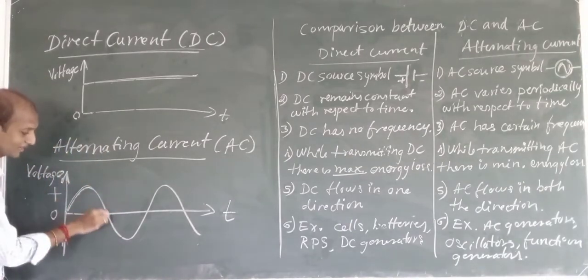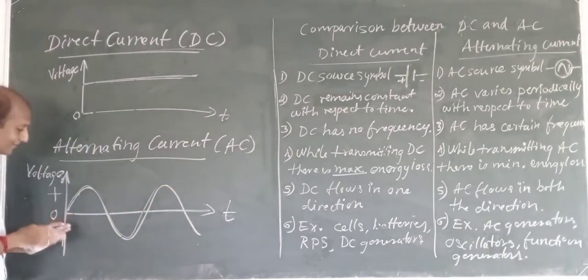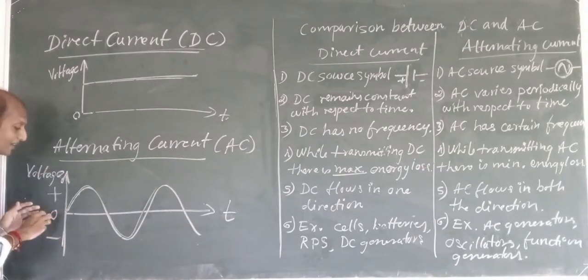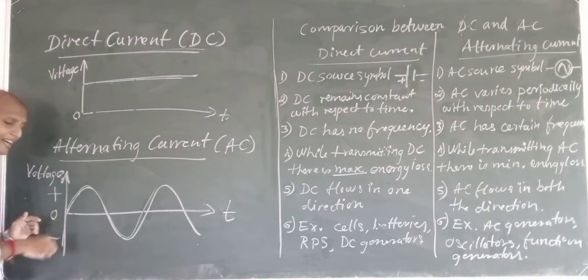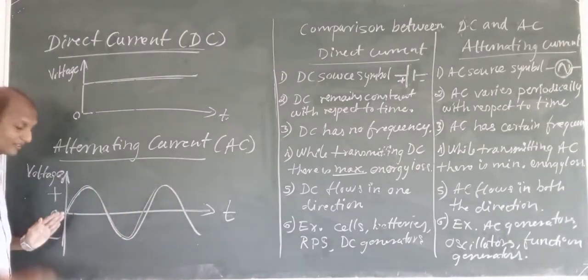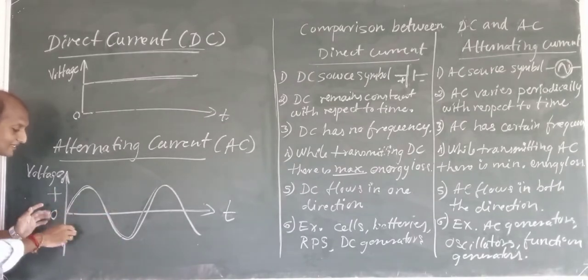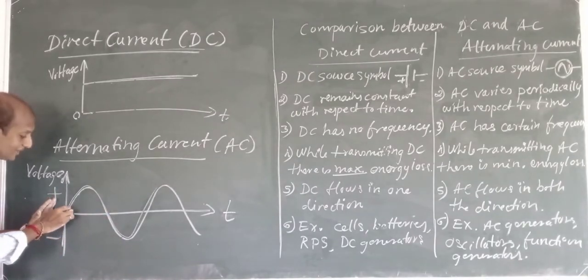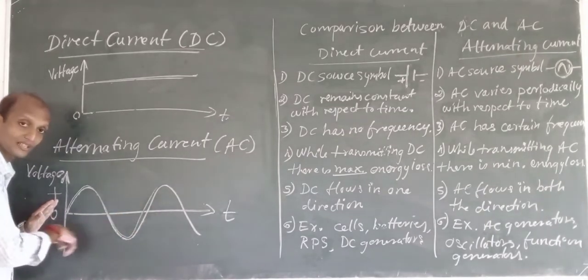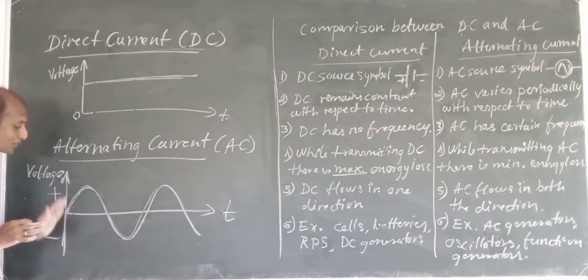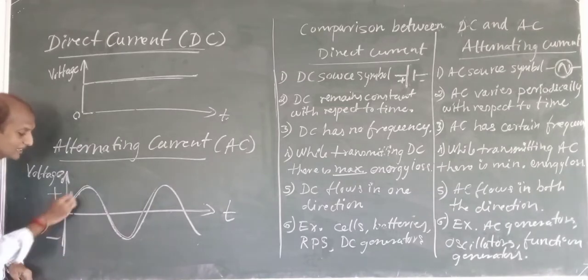We will represent alternating current as a sine wave. So this is how it looks, with respect to time, and voltage taken in this direction, and this is how it is flowing. Here we can see different values which are continuously changing, and the direction is also changing.